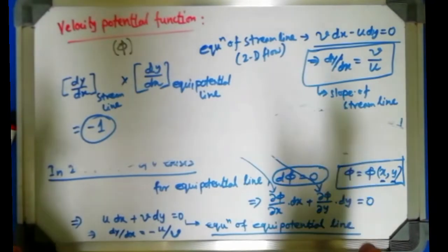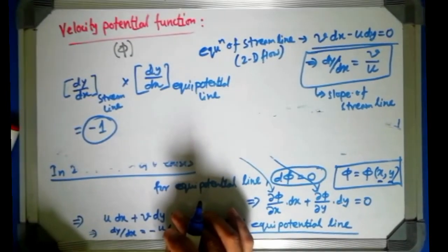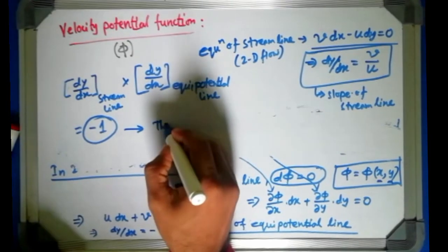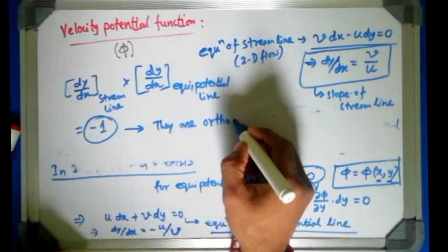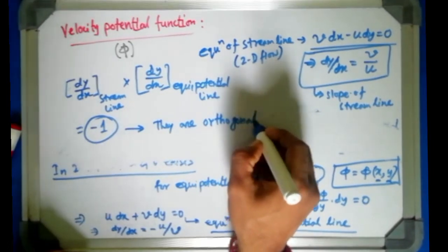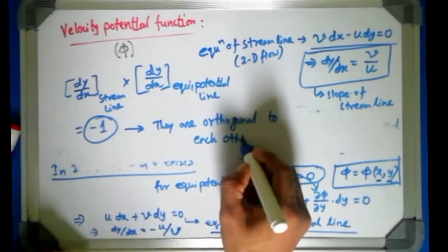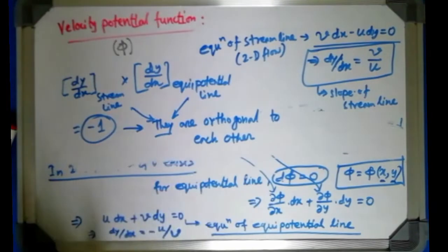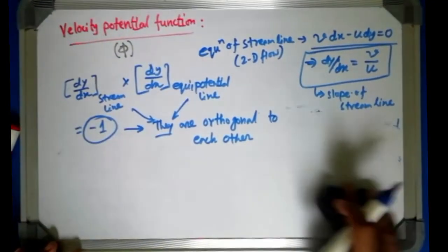So if the slopes of two lines give you minus 1, what does this mean? That means they are orthogonal to each other. They are orthogonal, or you can say perpendicular or normal, whatever you like. Who are they? They are the equipotential line and streamlines. They are orthogonal to each other because their slope product gives you minus 1.